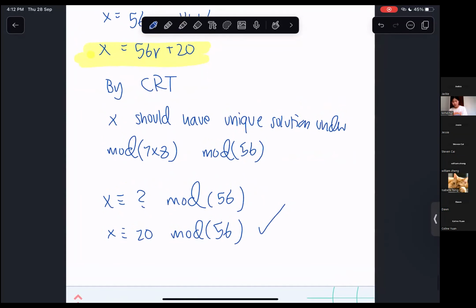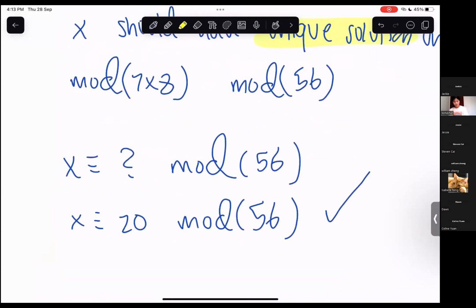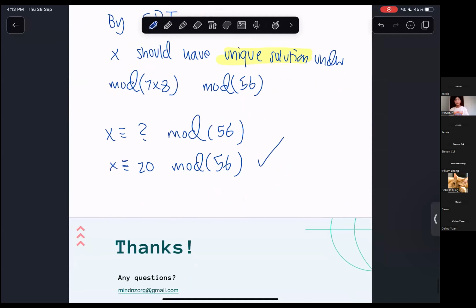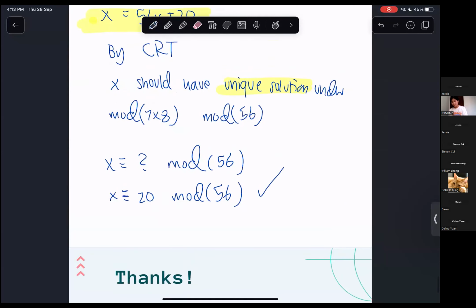Because it's a unique modular relationship, one solution for the residue class, we can't get 21. X can't be congruent to 21, it can't be congruent to 22, it can't be congruent to 2, or whatever. It can only be congruent to 20 mod 56, right? And we have basically found the solution for this.